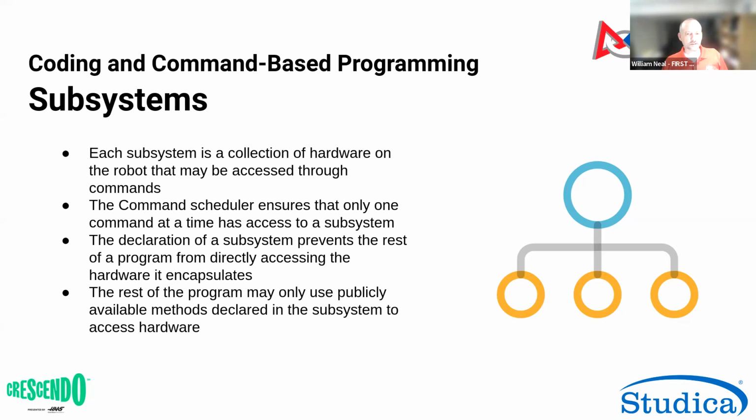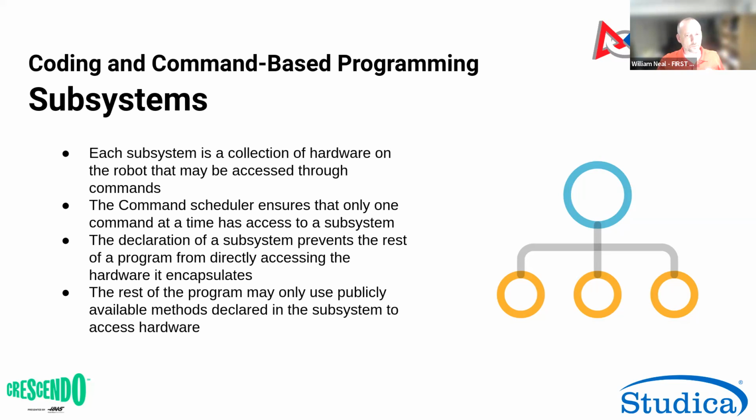The declaration of the subsystem kind of cordons off that set of motors and sensors from the rest of the code, and they can only be accessed through public methods. Inside a subsystem are some private methods that may speak exactly to what port, and some details about these hardware devices that don't need to be seen by the rest of the program.